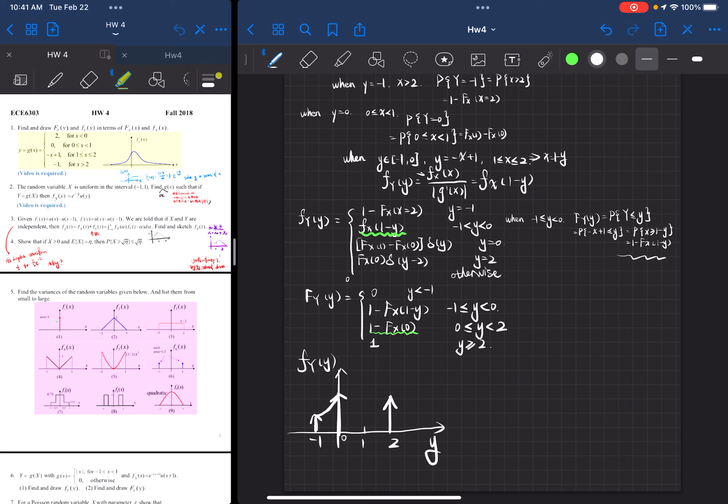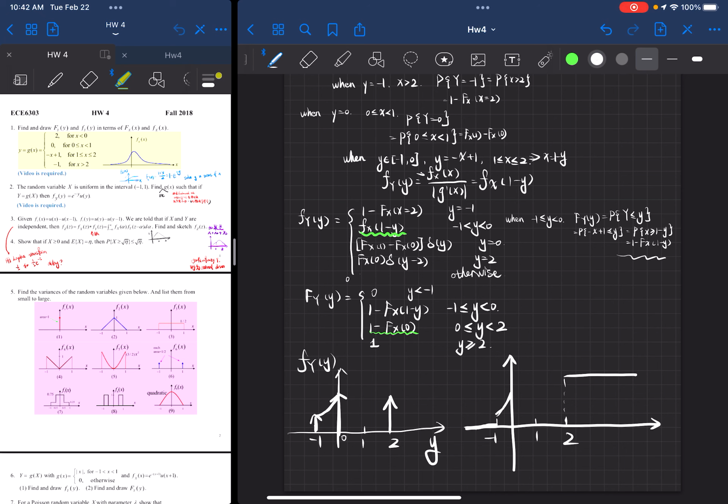So here is the density function of y. The distribution function of y equals 1 when y is greater than 2, and it should be 0 when y is smaller than -1, and it should be an integral in between.